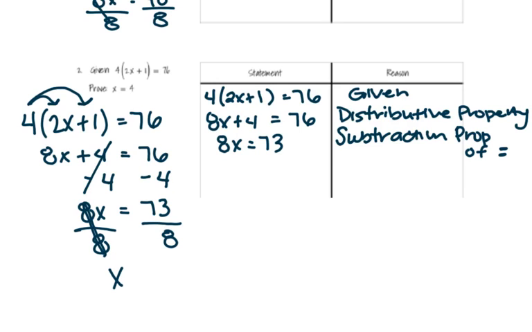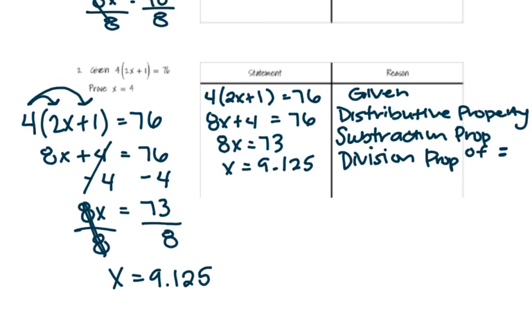So now we're left with x equals whatever 73 divided by 8 is. And it is 9.125. Okay. So again, we divided. That was the division property of equality. And that right there is your proof.